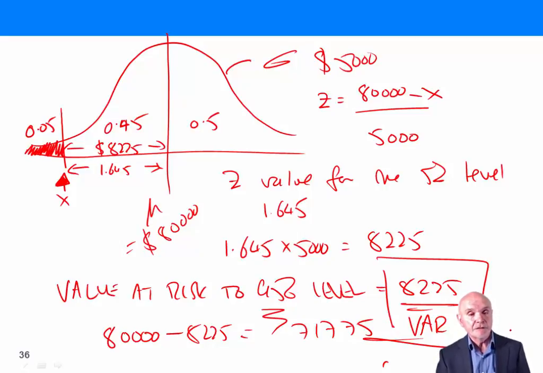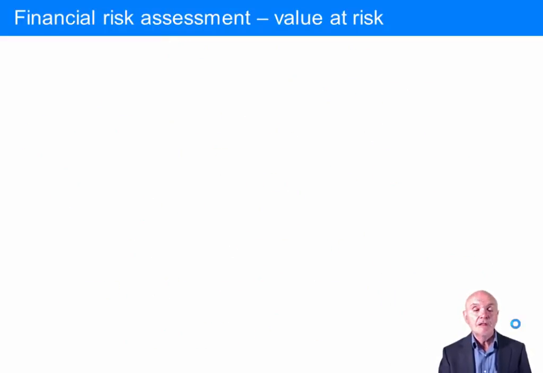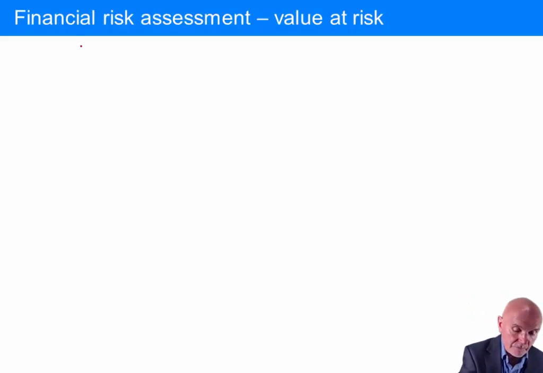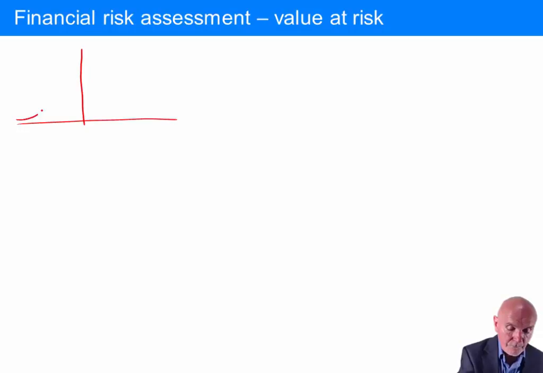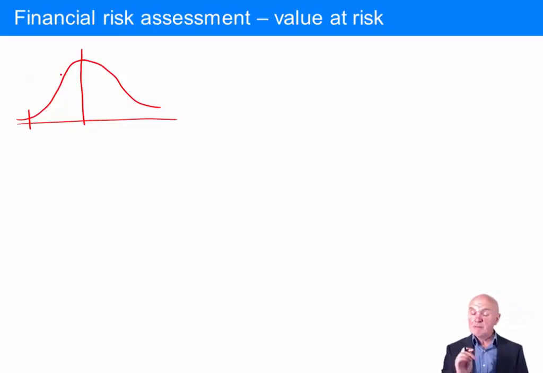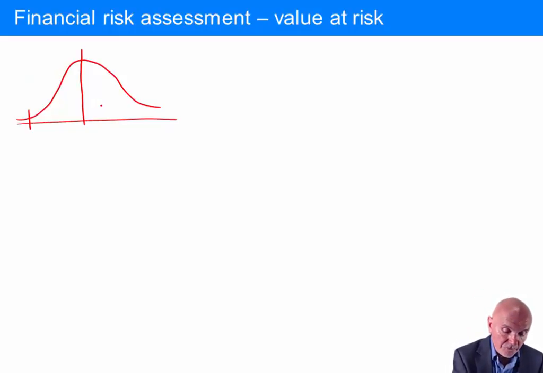If we're asked to do this, not just to a 95%, but to a 99% level, then what you do is you go down, and we want just 1% in here. So we're looking at a 99%, either 0.5 or 50% there, or a 49% there, and a 1% in there.